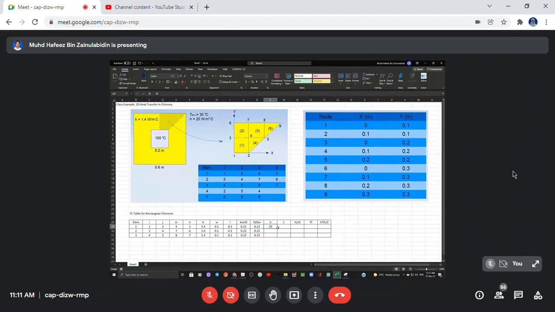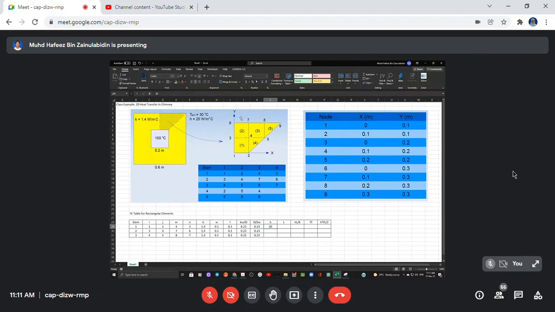In this case, we can check here. H is used to find the K for conduction, K for convection, and F due to convection. The surfaces exposed to the surrounding are on elements 2 and 3.